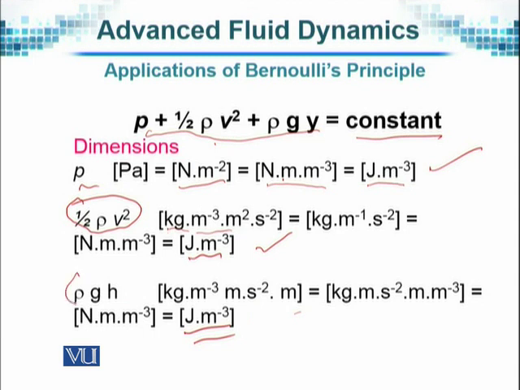So this energy is known as potential energy because the whole contribution is because of this h. The density of the fluid will not change during the movement. The gravity again remains the same, and the only thing that can change is the height. So due to that, this energy term is known as potential energy.